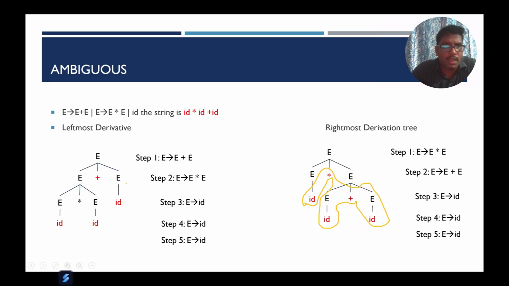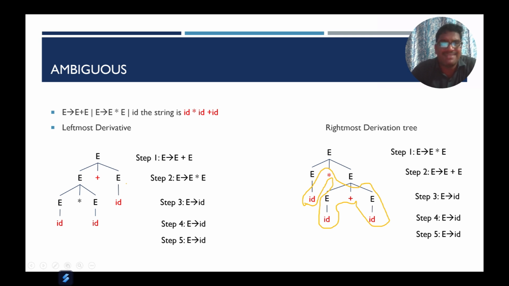So we can say that for the same input we got the leftmost and rightmost. Then we will call it ambiguous. That is, for a single string, we are generating two different derivation trees, leftmost and rightmost, but we are having the same string here in two different ways.